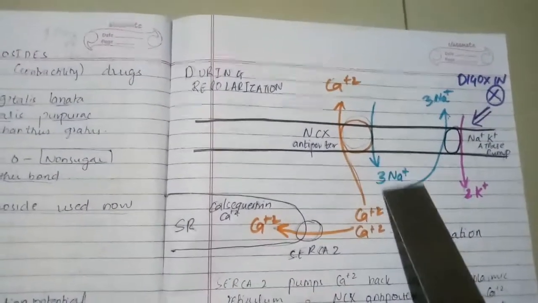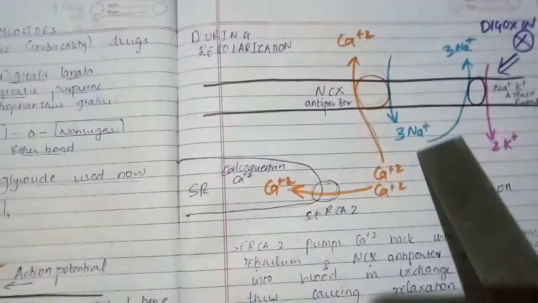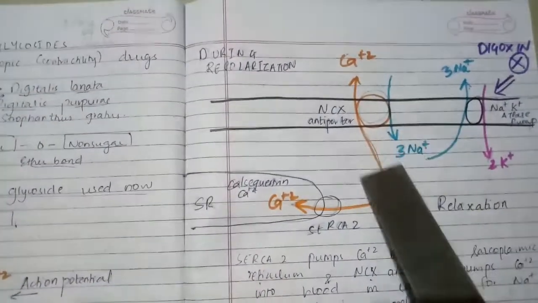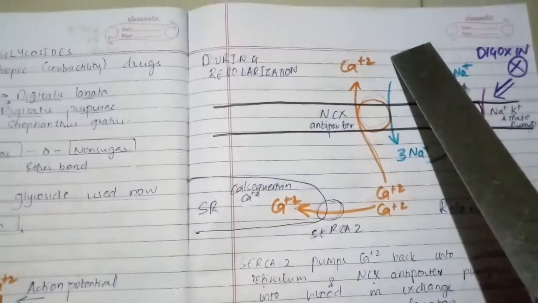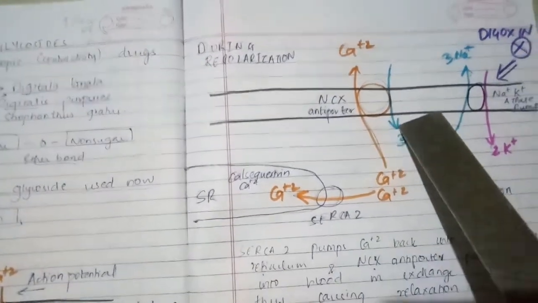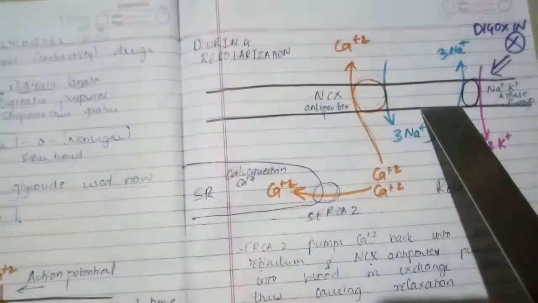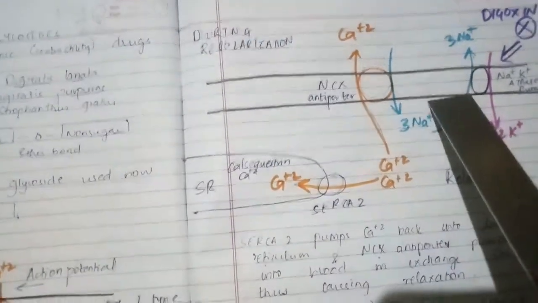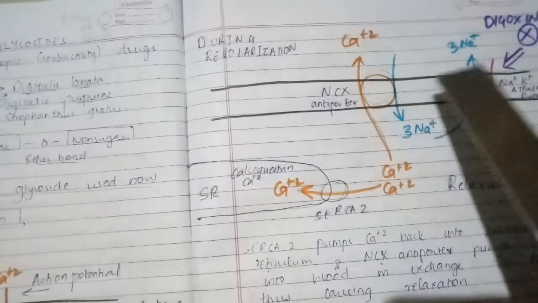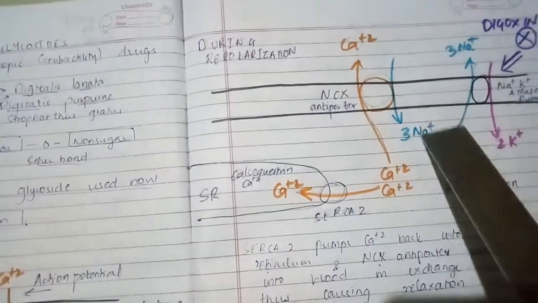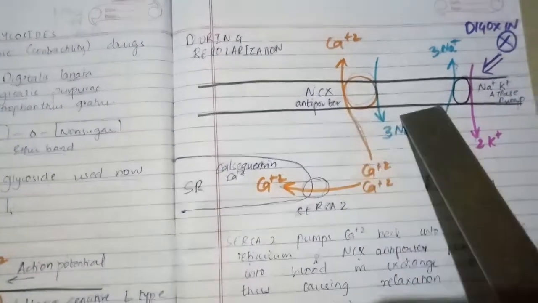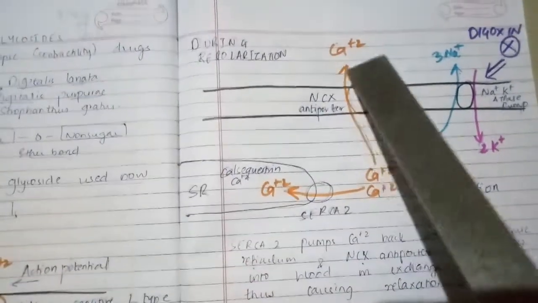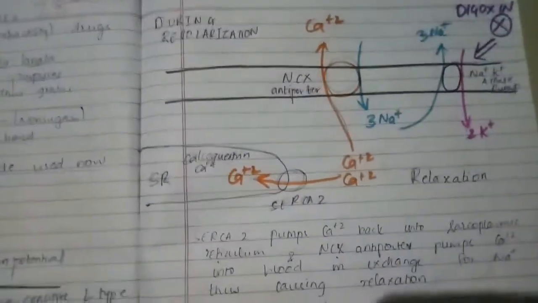The sodium rises slowly inside the cell, so sodium outside will not be able to come inside because the gradient is not maintained. Since sodium is not able to enter, calcium is not able to move out.